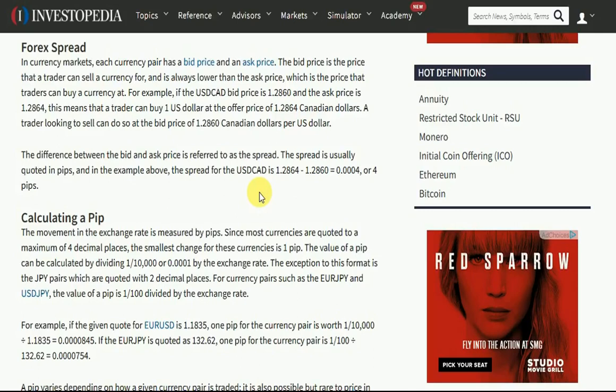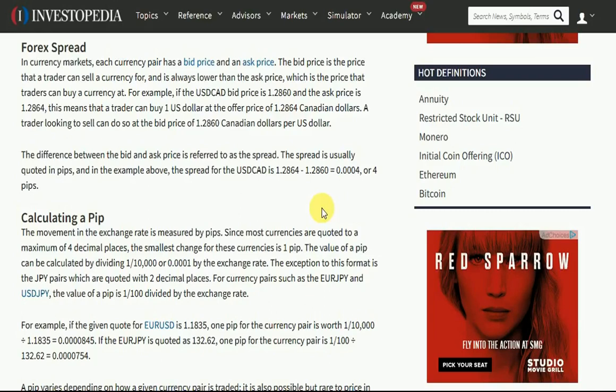You want to buy. Now the seller won't sell it to you at 1.2860. The seller is going to sell it to you at 1.2864. So this 0.0004 behind it is what will be the commission that the seller is willing to take, apart from the profit or whatever happens.